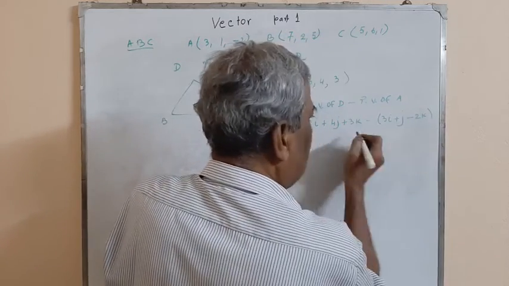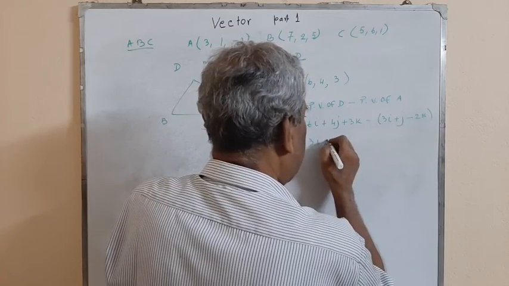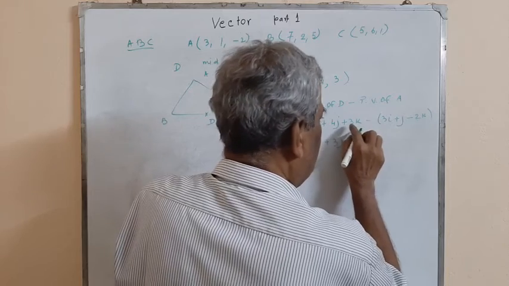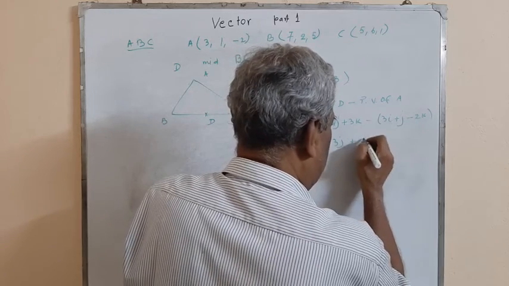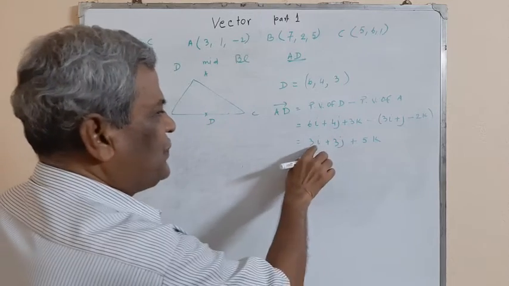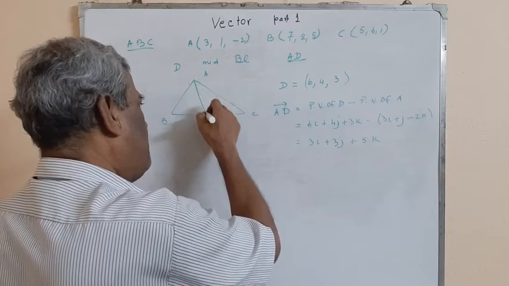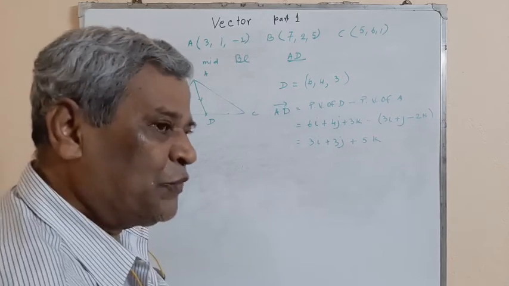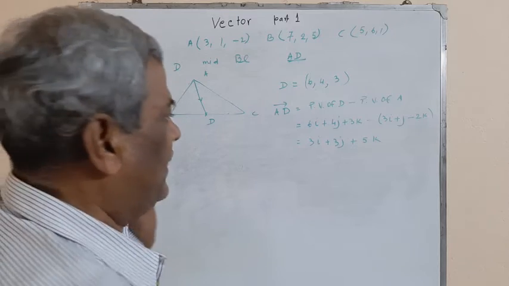So it is equal to 3i plus 3j plus, this is 3 plus 2, 5k. AD vector is 3i plus 3j plus 5k. This is the vector A to D. We have to find the unit vector along it.